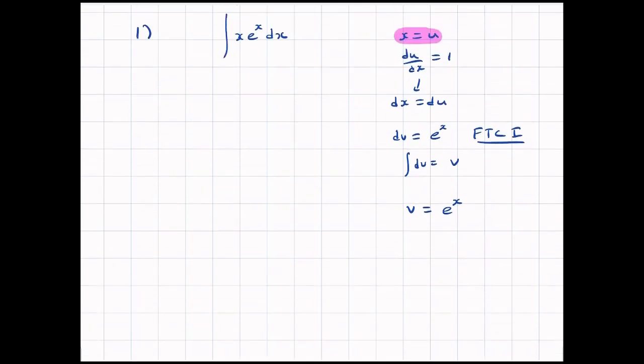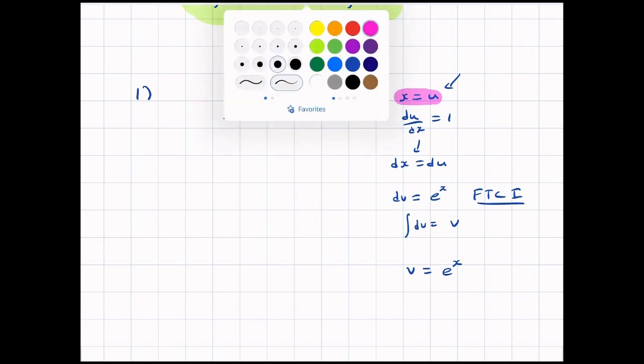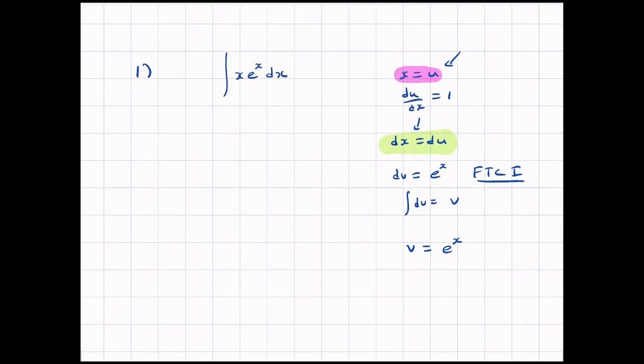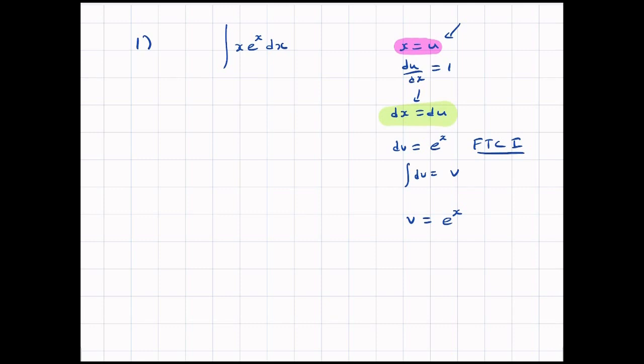When deciding which one to pick, I pick x to be u, because that makes du equal to dx. It makes the x basically go away, and that simplifies things. I also know that I can take the integral of dv equals e to the x really easily. E is its own integral.